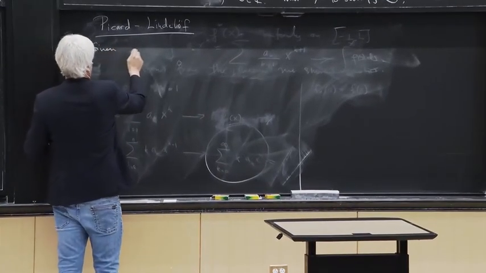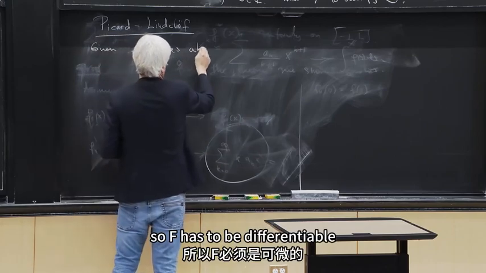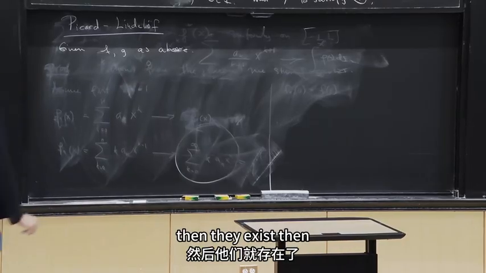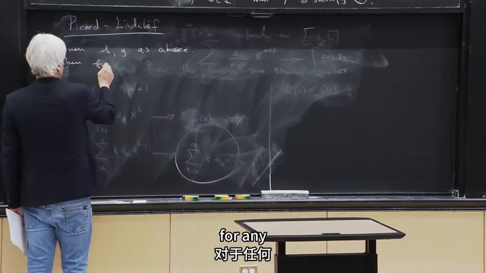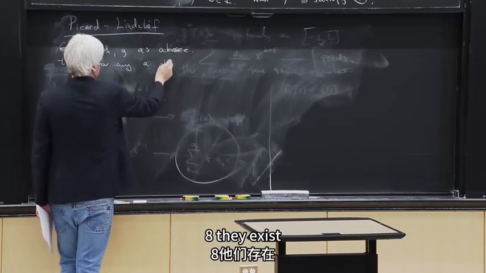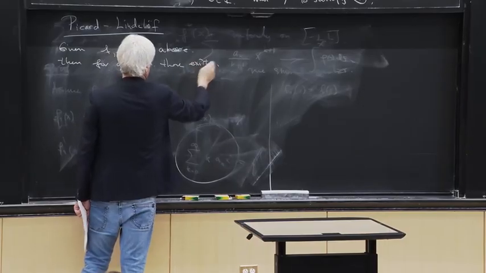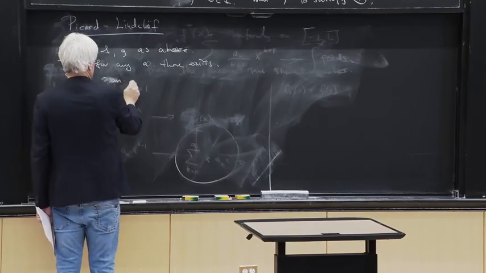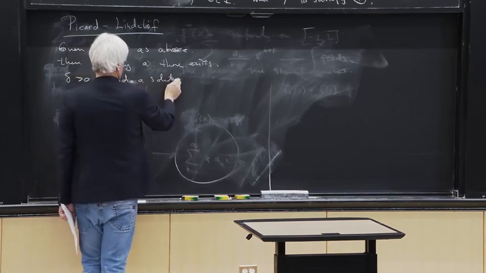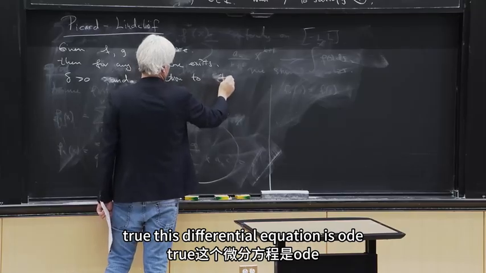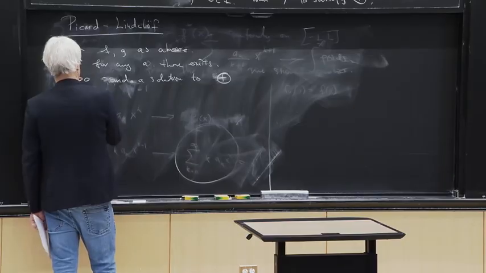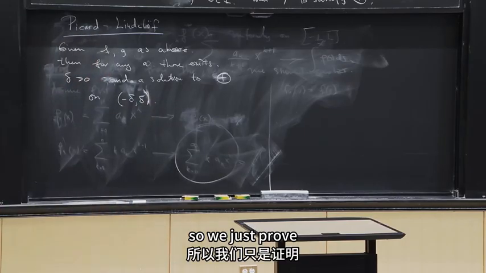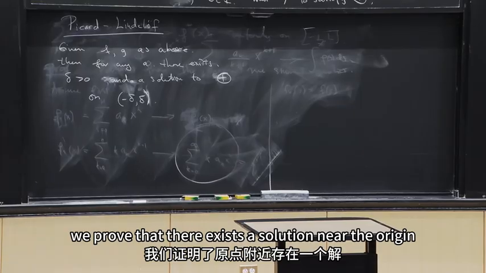Given f and g as above, so f has to be differentiable with continuous derivative, and g just has to be continuous, then for any a, there exists a delta greater than 0 and a solution to this differential equation, this ODE, on the interval from minus delta to delta.